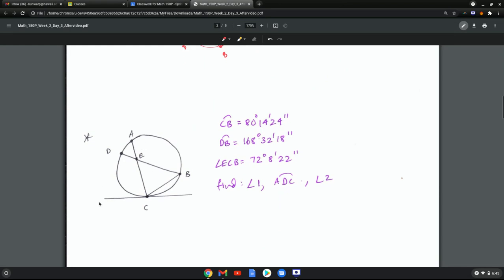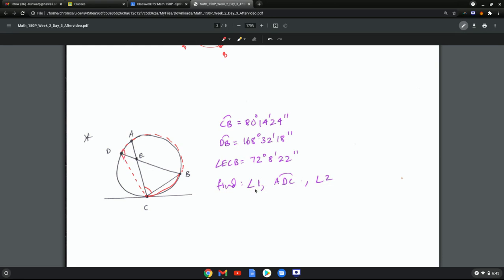Another example, you're given the lengths of arc CB, arc DB, and angle ECB. Sorry, this angle. And you're asked to find angle ADC and angle 1 and 2.